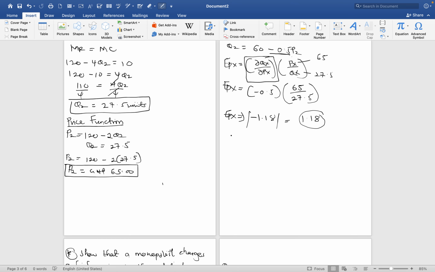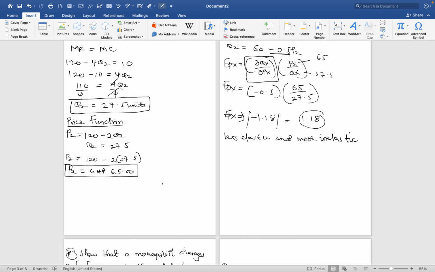So we have to interpret this as well. Remember that we are already aware it's in an inelastic market, so this is less elastic. Since it's already an inelastic one, it's more inelastic and less elastic.